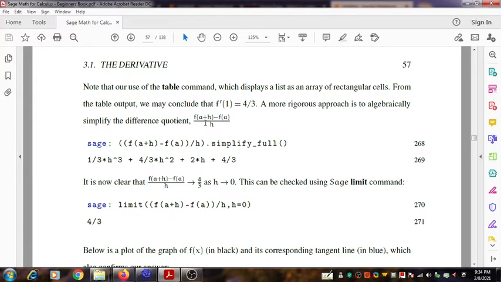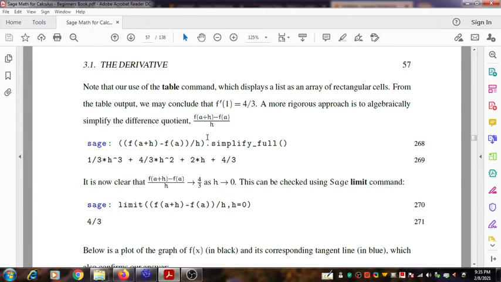Here the basic expression is f(x plus h) minus f(a), divided by h. This expression is first evaluated, then we apply the limit, allowing h to tend to 0, and we get the derivative. So that direct method can be used to find the derivative.